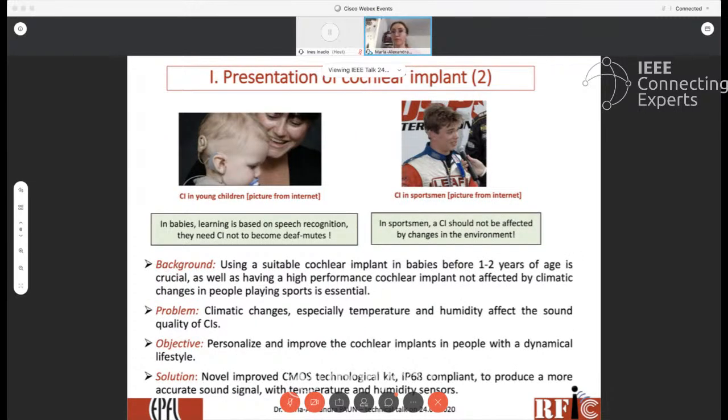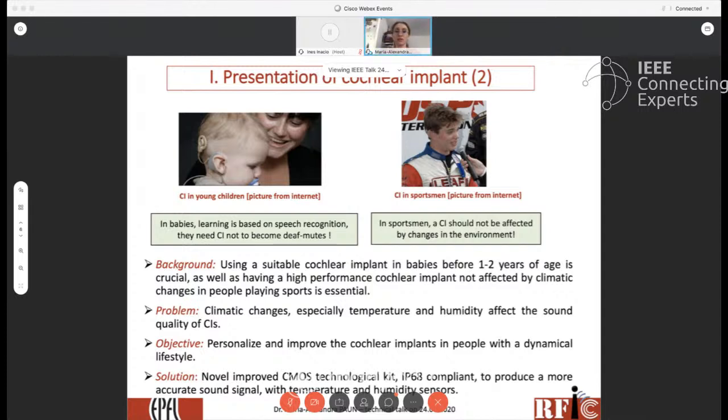Okay, moving further into my presentation, I just want to give you two examples of people using or needing cochlear implants. On the left-hand side, you see a young baby with a cochlear implant. On the right-hand side of the slide, you can see a sportsman.